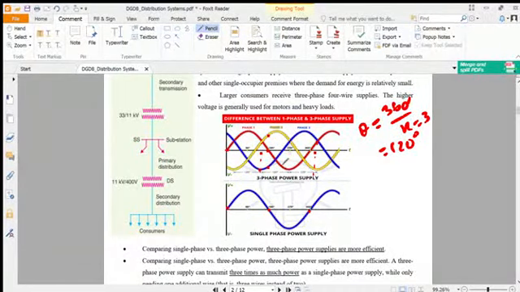So it's definitely not going to zero. Here is the big advantage, because for the single phase it's on and off, and it may interrupt the circuit operation.